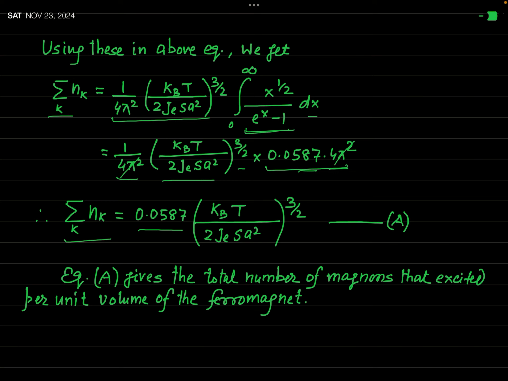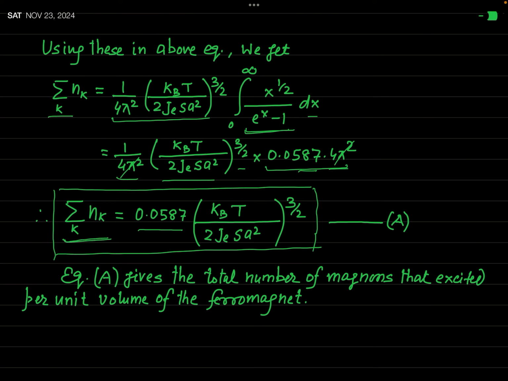Okay, you can see this is actually the result which gives the total number of magnons that are excited per unit volume of the ferromagnet or crystal at temperature T. And from this you can see that the number of magnons depends on temperature. The summation over k of nk is proportional to T to the power 3 by 2.